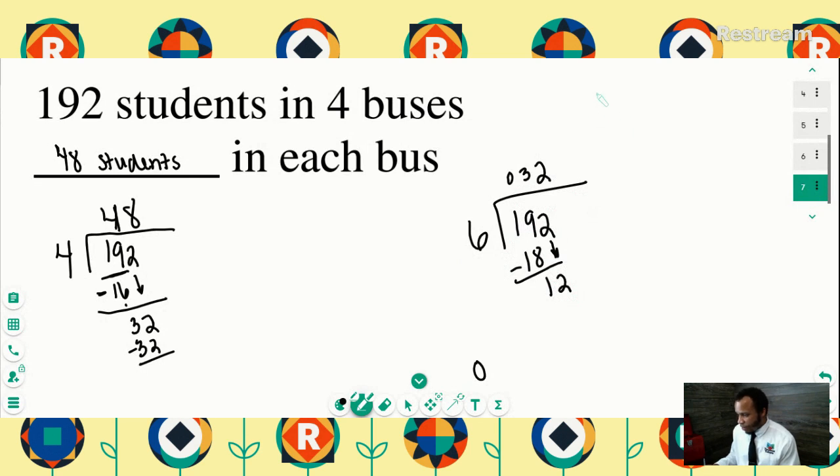So this means if we have 192 students, and we have 6 buses, that means we can put 32 students on each bus.